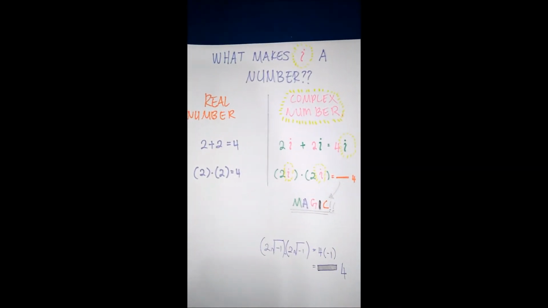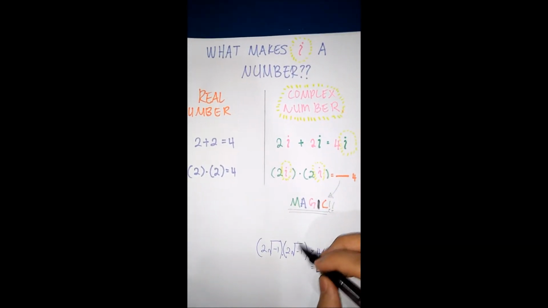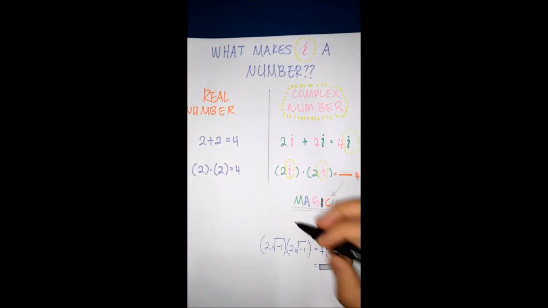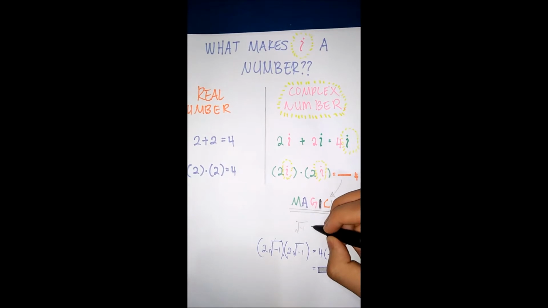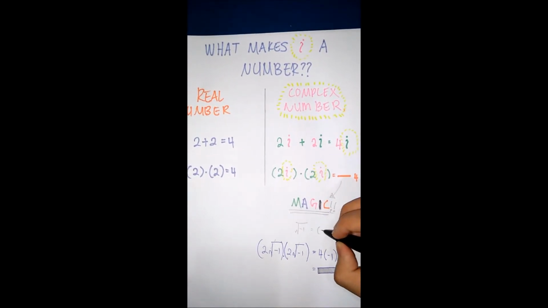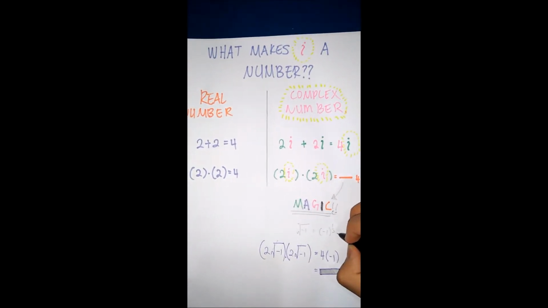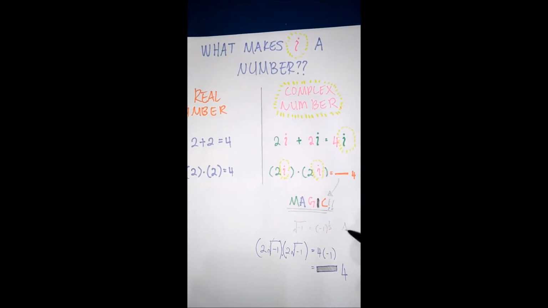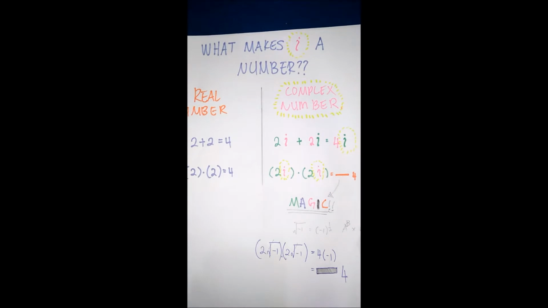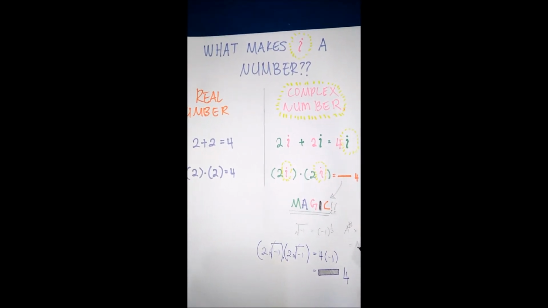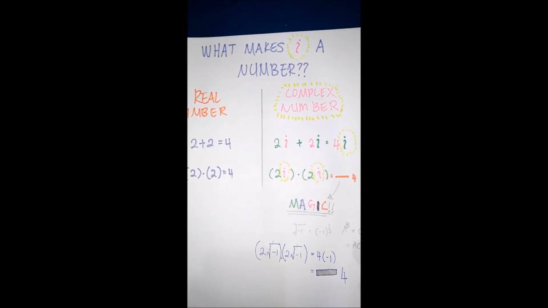Why? Because the square root here will be cancelled out. The square root of negative 1 is equal to negative 1 to the power of half. As we all know, if a to the power of b is multiplied by c to the power of d, it will give you the answer ac to the power of b plus d.